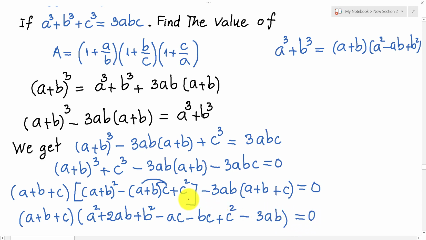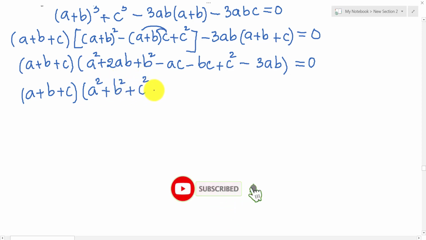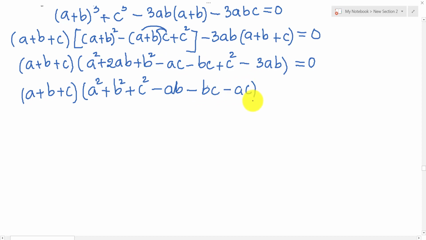So I get (a plus b plus c) multiplied by (a square plus b squared plus c squared). These 2ab minus 3ab, so I get minus ab, and minus bc, and minus ac equals 0.